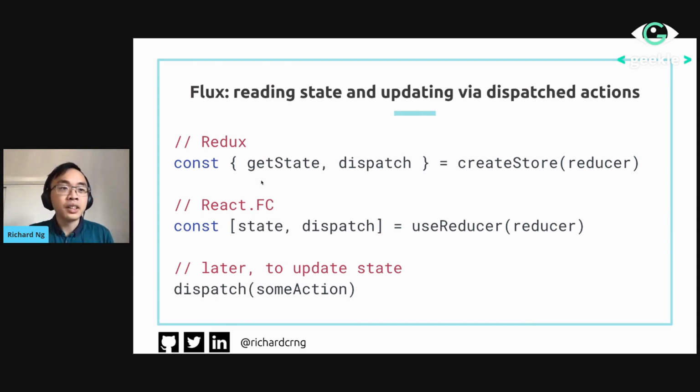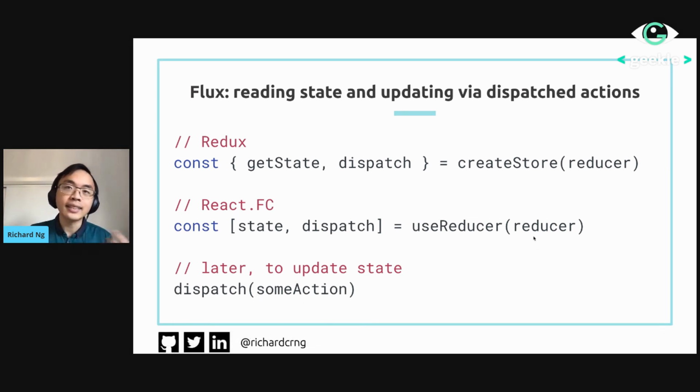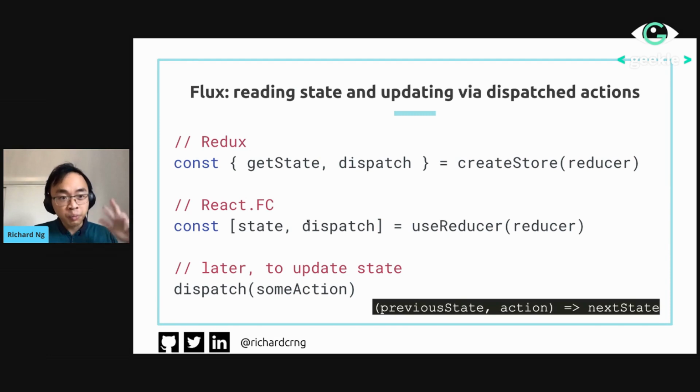In both cases, you get back 2 things: a way to read state, through either the getState function or a state value, and a dispatch function, which is a way to update state. You update the state by passing in some action. That action flows through to the reducer, which looks at state, takes the action, and returns a new value of state, following this reducer function signature.